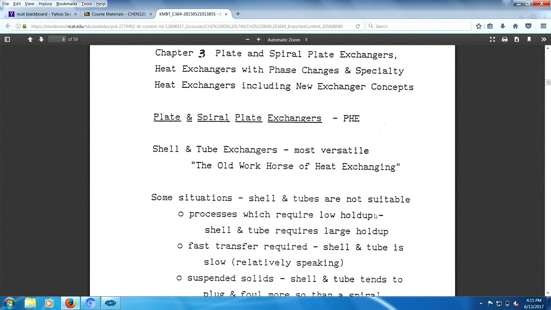Oh, good heavens, what's holdup? Well, holdup is the amount of material that's held in the vessel. It's held up in the vessel. It might be referred to as the working volume or the volume of material. So if you have processes which require a low holdup, your shell and tube might not be a good idea. And what processes might that be? Well, you consider the fact that orange juice, you're going to evaporate water or heat orange juice up to evaporate off the water.